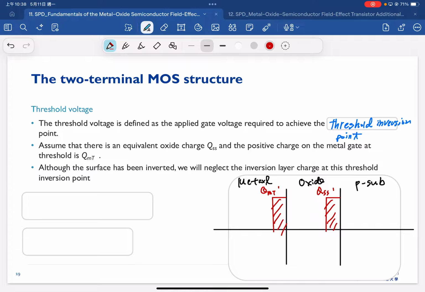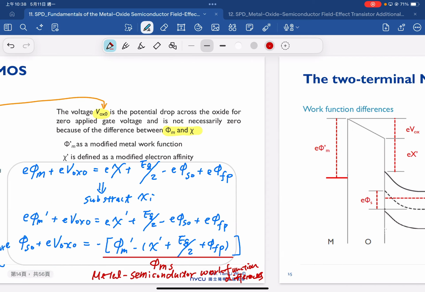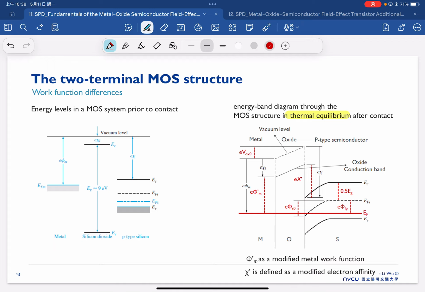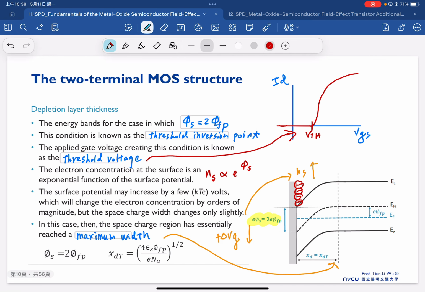If you recall the previous analysis, as we apply more and more bias, before reaching the threshold we first reach the maximum depletion width. This will continue to expand until at one critical point we start to have the threshold voltage.